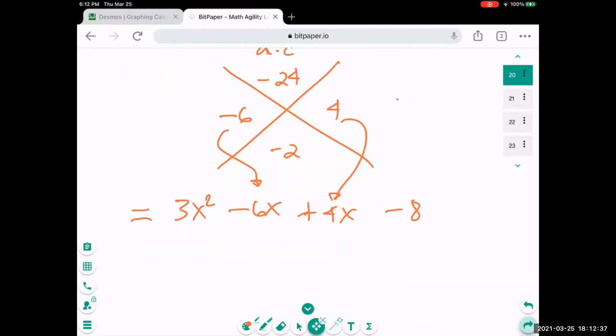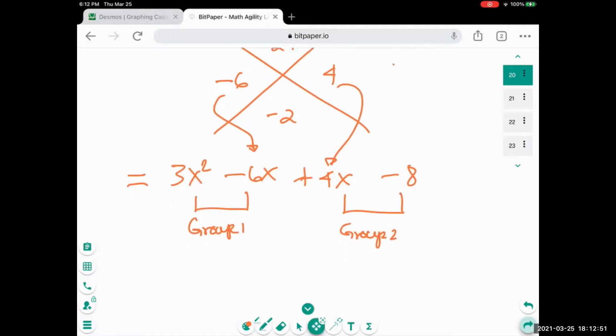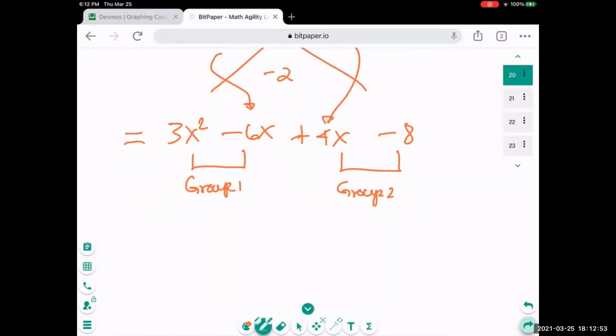So ngayon, yung process ng grouping ay gagamitin natin dito sa method na to. So yung first group natin, ito yung group 1, right? Ito yung group 2. So ano yung common factor natin sa group 1? 3x, di ba? So this would be x minus 2 pag pinactor out natin yung 3x. And then dun sa second group, yung group 2, ang common factor is 4.